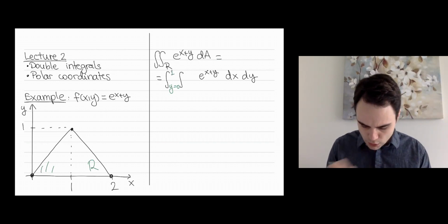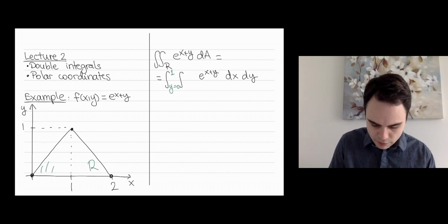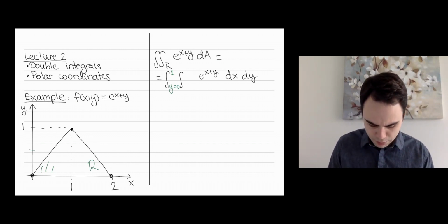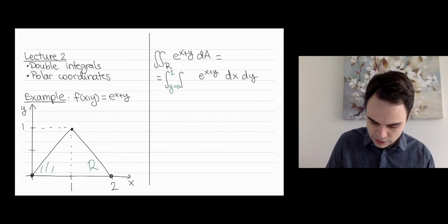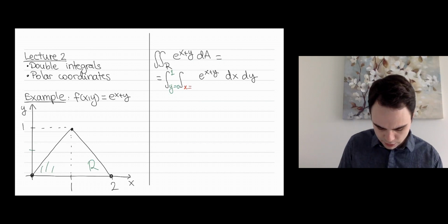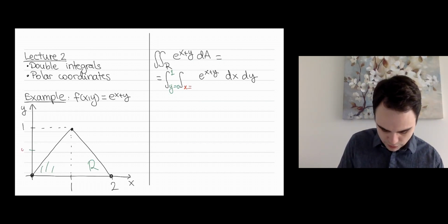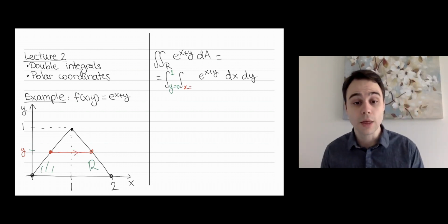Now let's fix an intermediate value of y between 0 and 1, and work out the bounds for the inner integral. For that fixed value, x will be integrating from something to something else. x starts here and moves all the way to this other side.